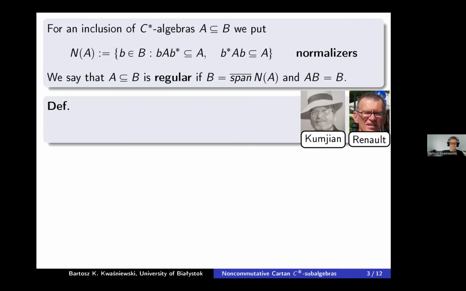Sorry, one small question. When you write AB, you mean the sums of products, the completion of that, just the products? You mean here? When here is AB. No, AB, the capital AB. Here. Yeah. It doesn't really matter, but you may take whatever you want. Everything is equivalent.